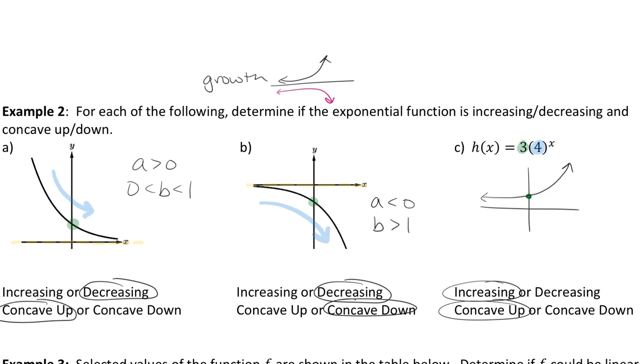Because if you're walking on it, the outputs are going down, so it's decreasing. So decreasing and increasing doesn't exactly mean growth and decay anymore. You have to actually think about the shape of the function. Are the output values increasing or are the output values decreasing? That's a good question.